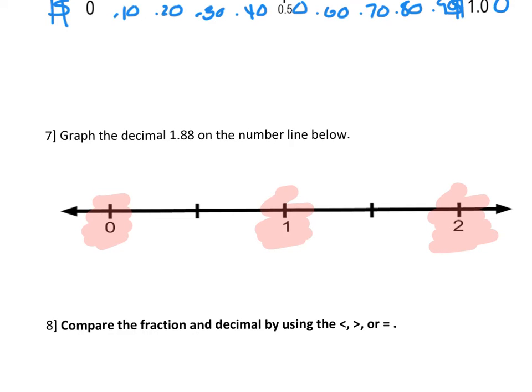So here we have to think, what's between 0 and 1? Exactly 50 cents. What's between 1 and 2? $1.50. So if I were to place $1.88 on this number line, I know $1.88 is greater than $1.50 but less than $2. So I would place $1.88 about here on my graph.